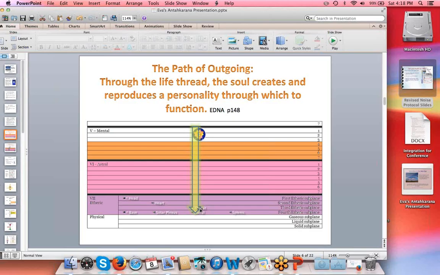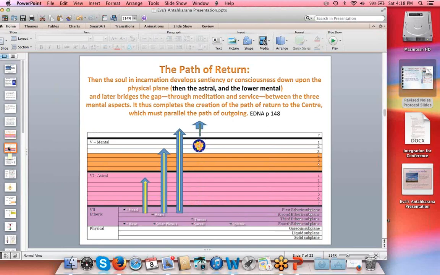Okay, so this is through the life thread. It anchors itself right down into the physical plane. And then the soul in incarnation starts to develop sentiency or consciousness upon the physical plane. And how does it do that? Well, it does it through the etheric first, then through the astral, or what we call the emotional body, and then later through the lower mental mind.